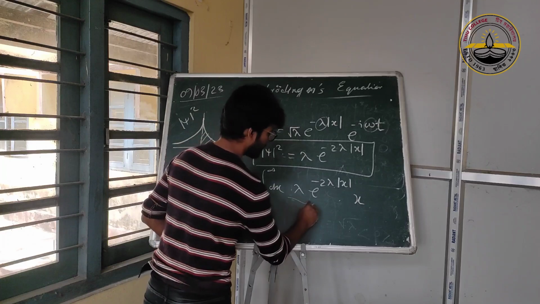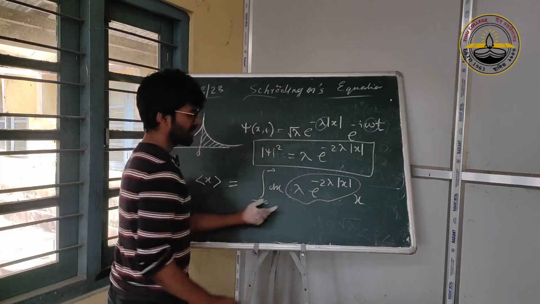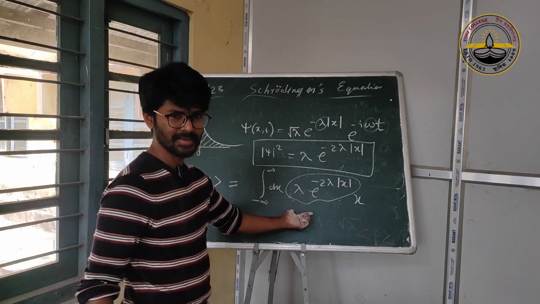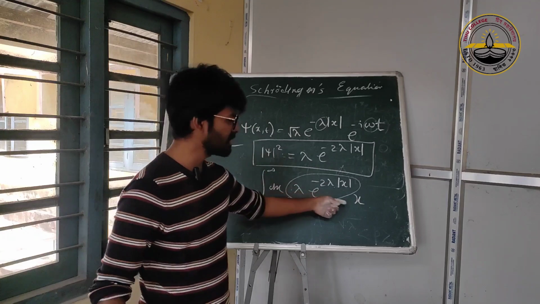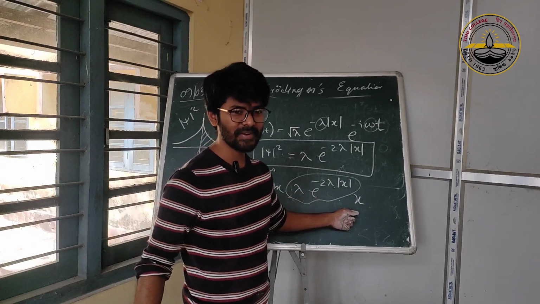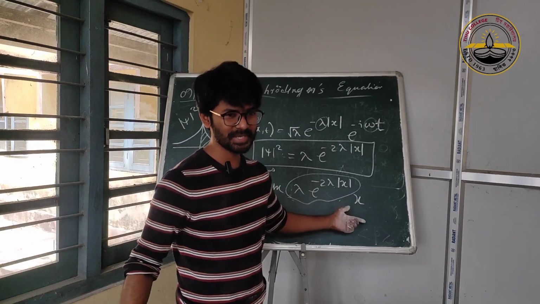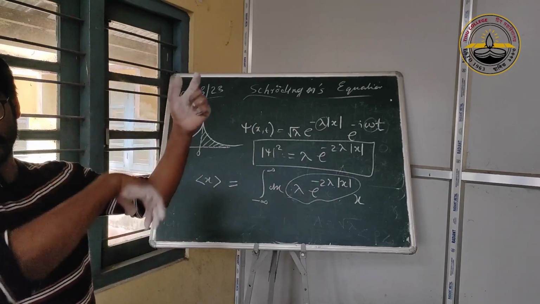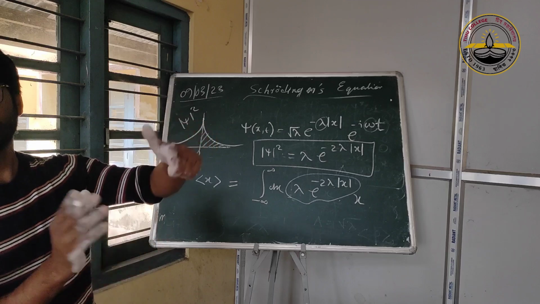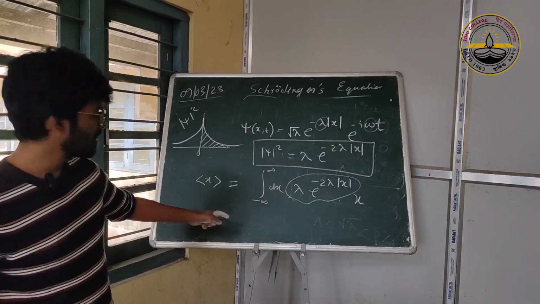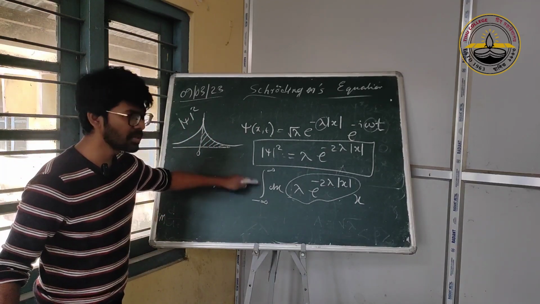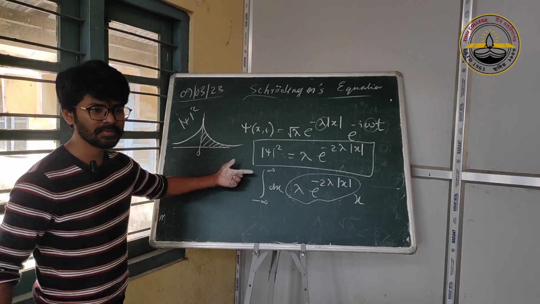What is this part? An even function from minus infinity to plus infinity multiplied by an odd function, and that integration is always 0. The integration of an even function times any odd function, if the limits are symmetrical, is going to be 0.